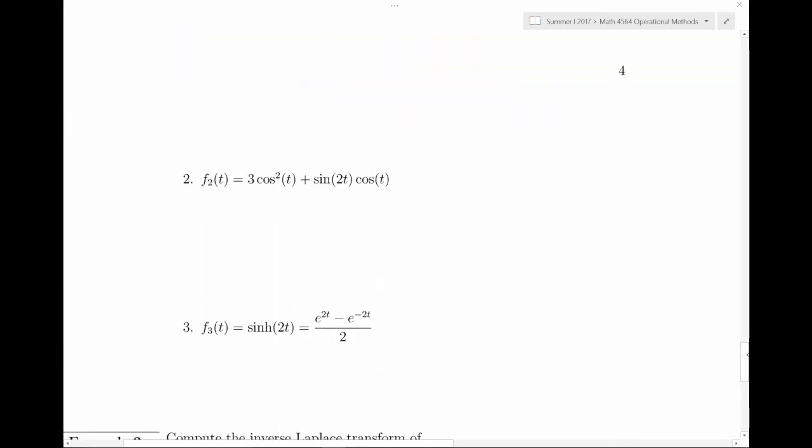Another quick example. What about these trigonometric functions? Well, they don't look like simple sines and cosines. And before we can actually do something about that, we have to change these functions into just simple sines and cosines. Well, we know the formula for cosine squared. It is 1/2 of 1 plus cosine of 2t.